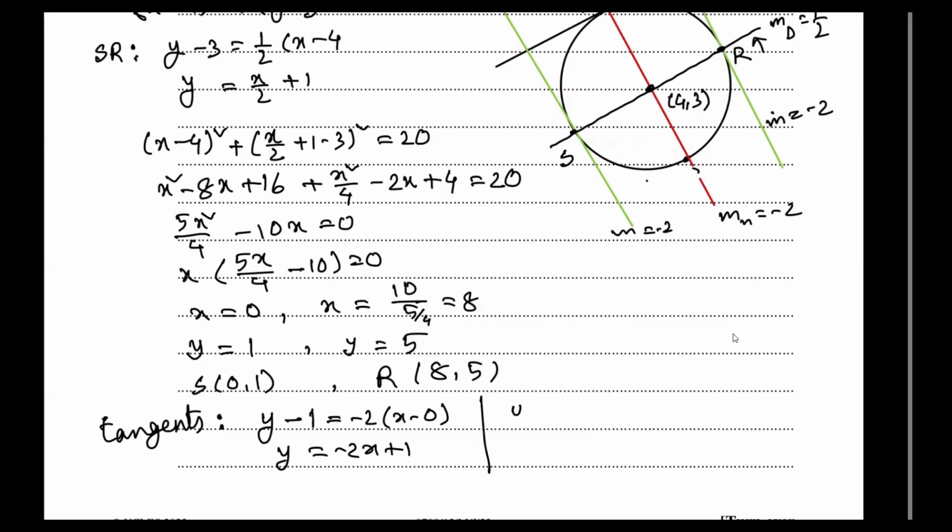And here, y minus 5 equals -2 into x minus 8, so y equals -2x plus 21. These are the equations of the two tangents at the points which are parallel to the normal at P.